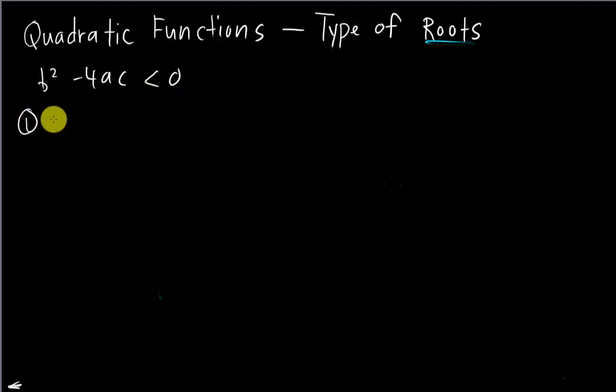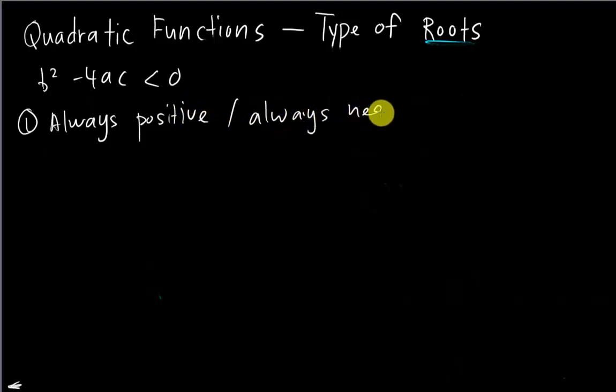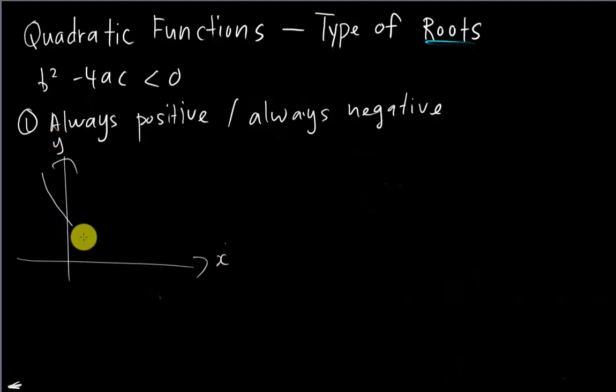One term is they will say it's always positive, or you will see something like always negative. So what do always positive and always negative mean? Okay, if this is a curve, with an x-axis and y-axis, always positive means the curve is always above the x-axis.